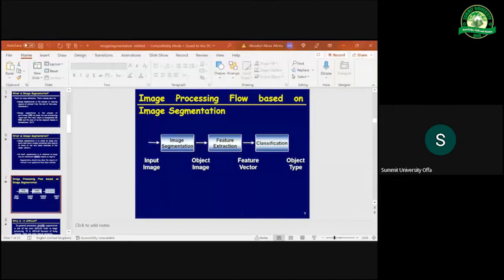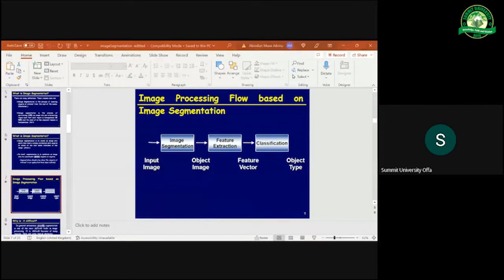Number one, you have an input image. It may be a binary or grayscale image. Once it comes in, you perform a segmentation operation on the image, and the output is what you call the object image. That object image is fed into the feature extraction block, and from there the output will be a feature vector, that is, the information you will use to identify that object.